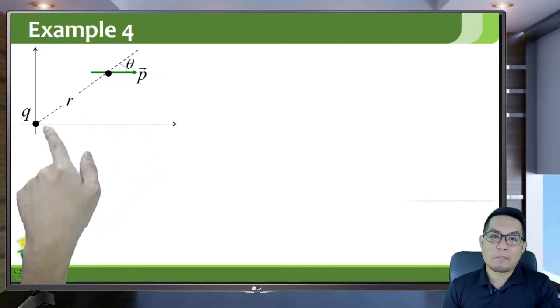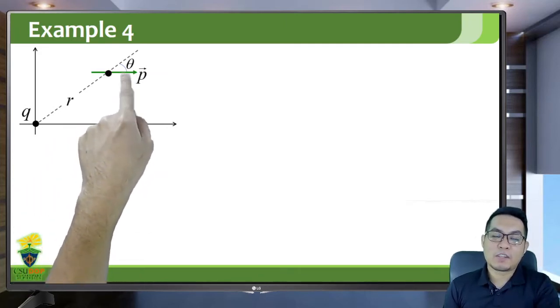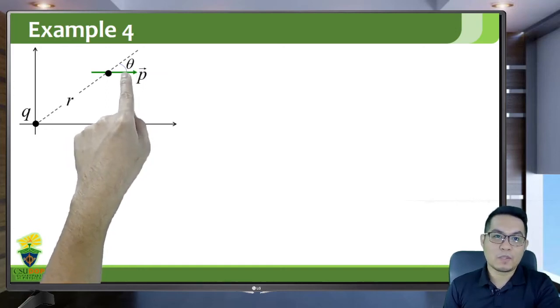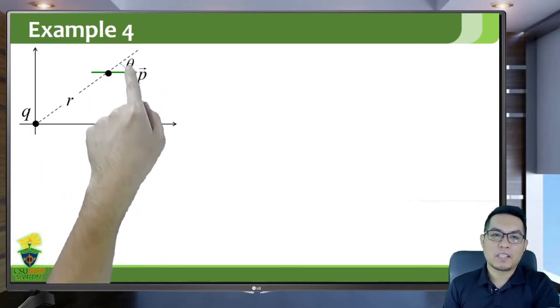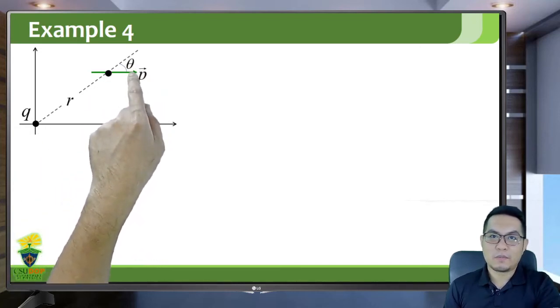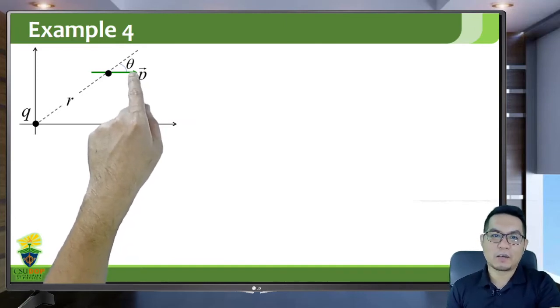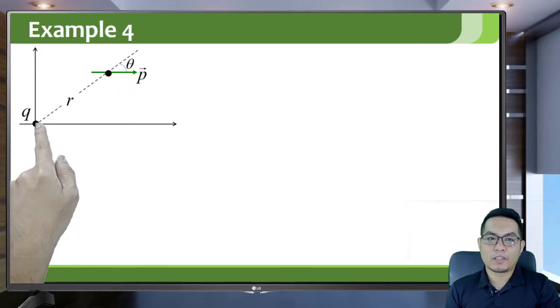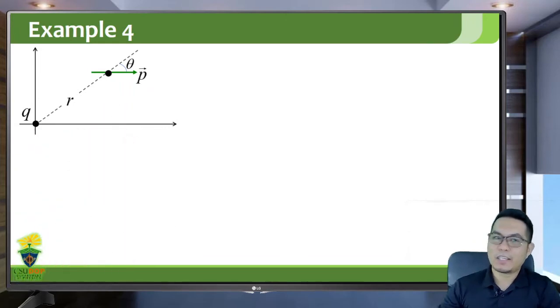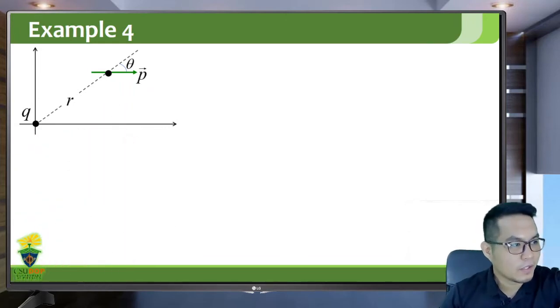But in that example, the direction of the dipole moment of the polarized atom was actually in the line connecting these two. In this example, it's now much more general. It has an angle of theta with respect to the line connecting the point charge and the point dipole. Okay.